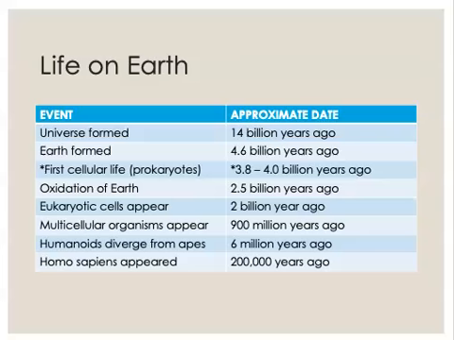Now, this chart lists the oxidation of the Earth at 2.5 billion years ago. This should actually read oxygenation. The oxygenation of the atmosphere around the planet occurred about 2.5 billion years ago.